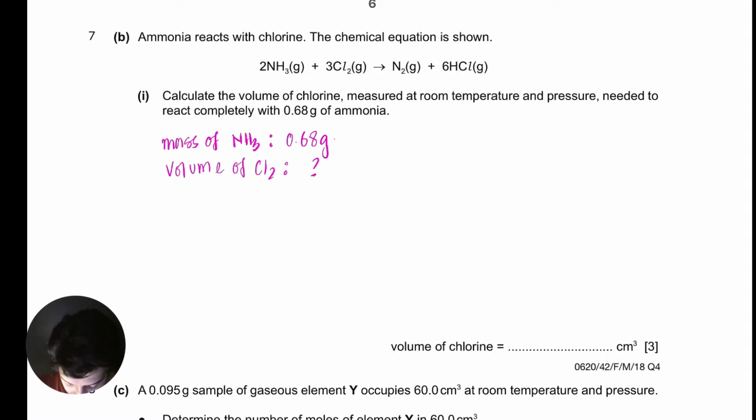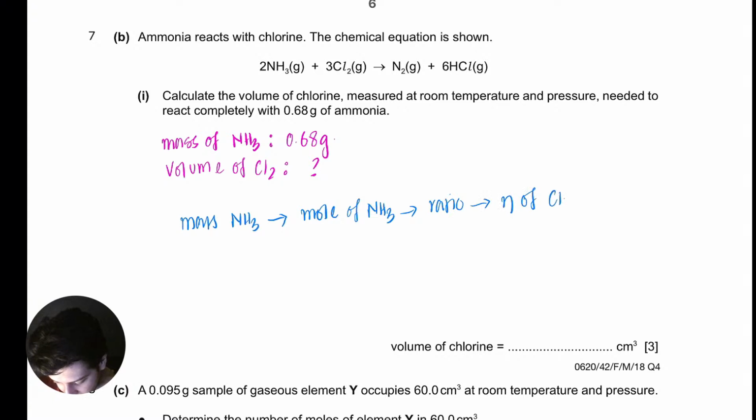Okay. And so I'll use the mass of NH3 to find out the moles of NH3. Then I'll use ratios to find out the moles of chlorine, which will give me the volume of chlorine.